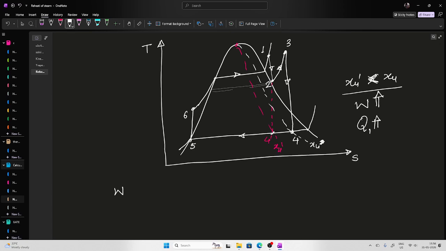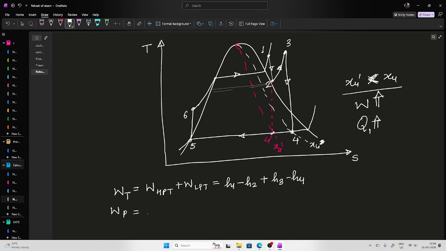Let us try to evaluate what the turbine work output is. It is basically the work output from the high pressure turbine plus the work output from the low pressure turbine. So what is the high pressure turbine work output? It is H1 minus H2, and from the low pressure turbine it is H3 minus H4. What is the pump work?